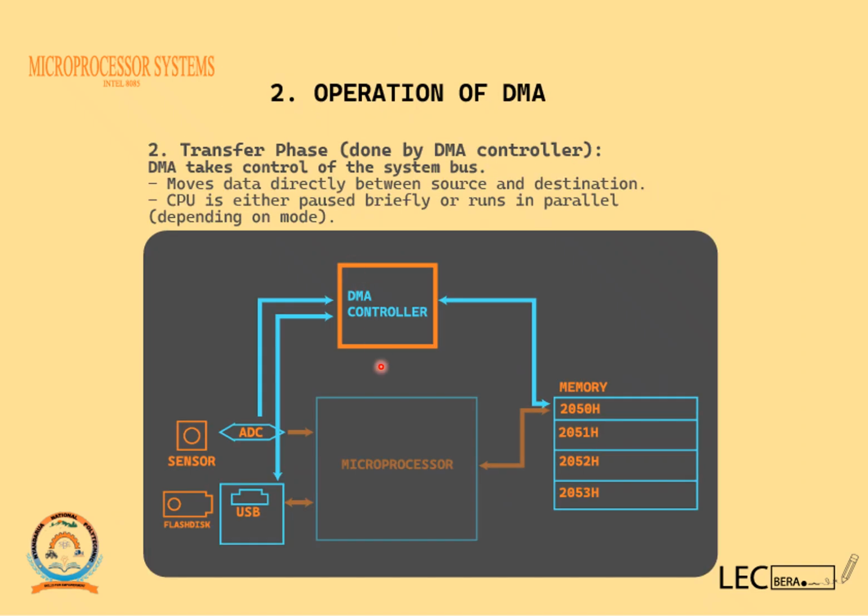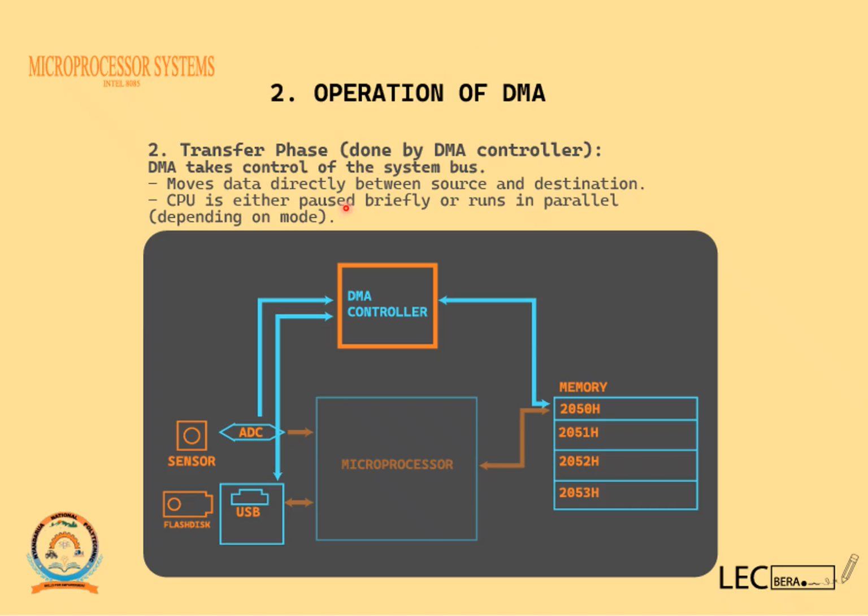So after the first phase, whereby the microprocessor initializes the process of transferring data through direct memory access by sharing some control signals with the DMA controller, the second phase is the transfer phase. This is done by the DMA controller.